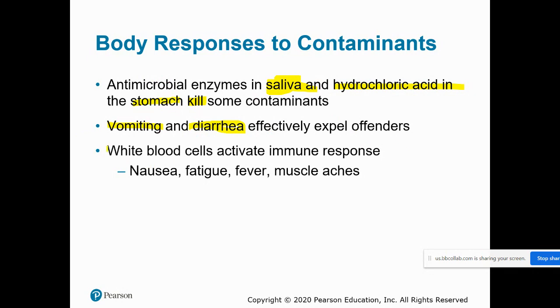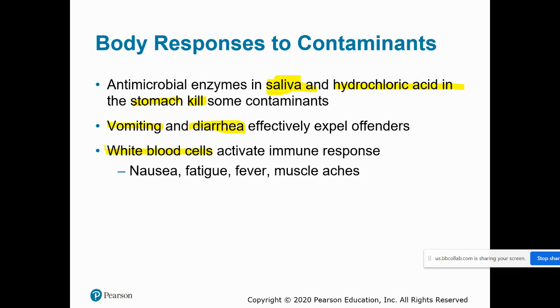And then if the toxin or the microorganism itself actually manages to make its way, say, into your bloodstream and begin affecting your cells, then we'll really see the leukocytes or the white blood cells of the immune system become activated.